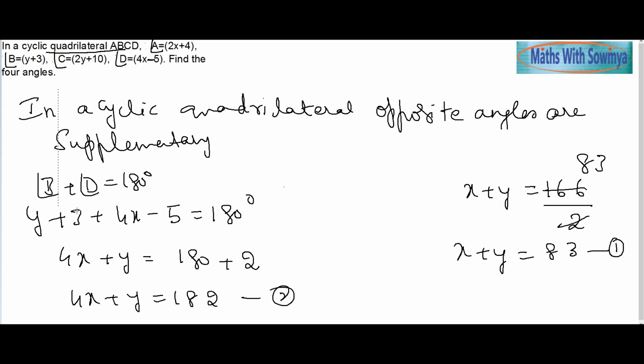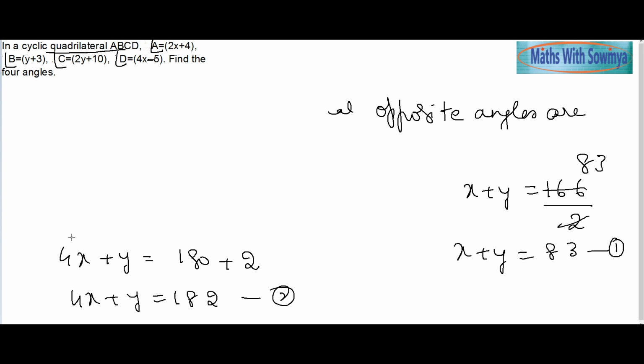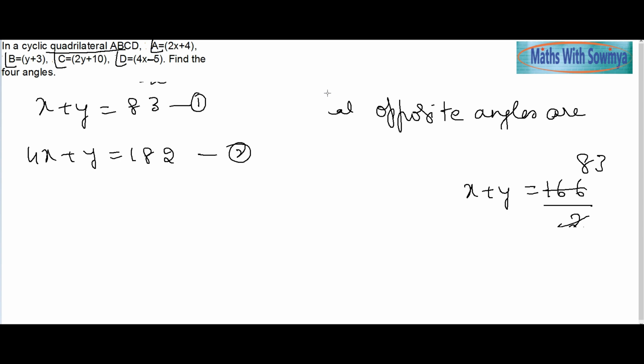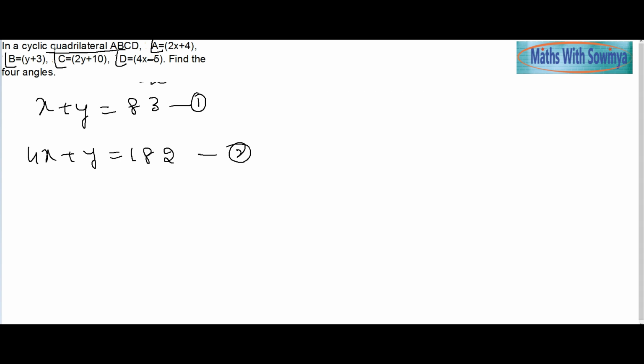Now we just take equations 1 and 2. We can continue with our normal way of solving the linear equations. So now this much we can clear up. Now we just see what we can do further here. We directly do it from 1 and 2.